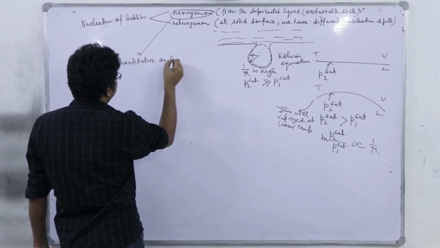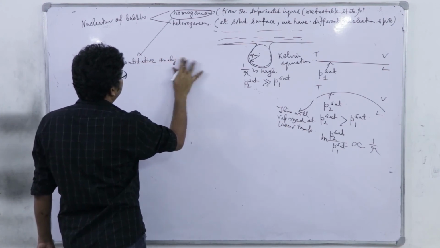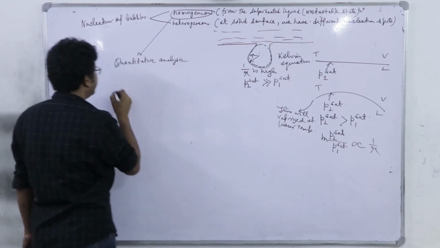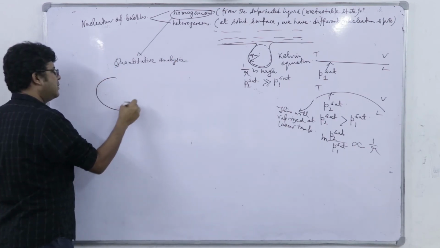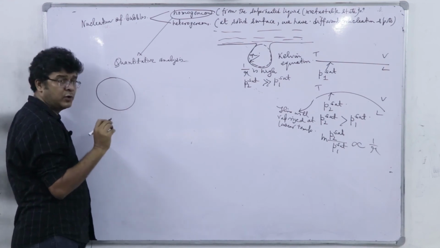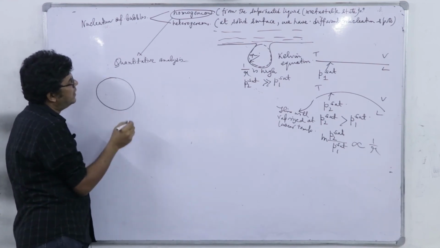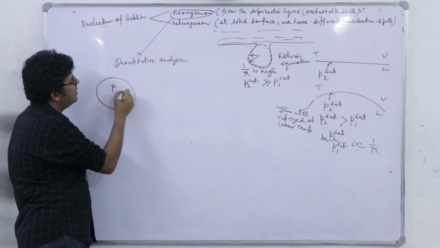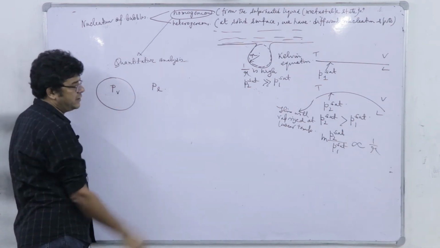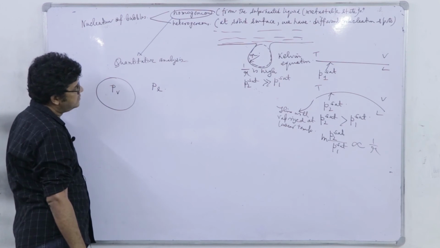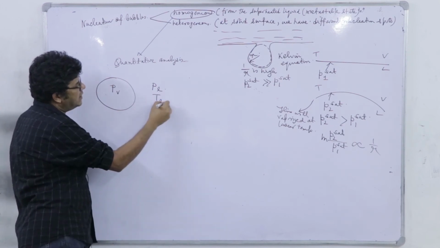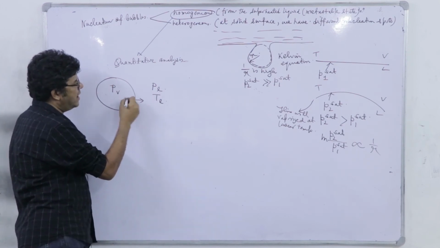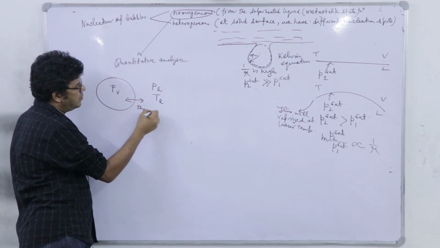Quantitative analysis we are going to do. Here you see a vapor bubble nucleates in a pool of liquid. Its pressure is PV, liquid pressure is PL. The temperature of the liquid is TL, and they are in thermal equilibrium.